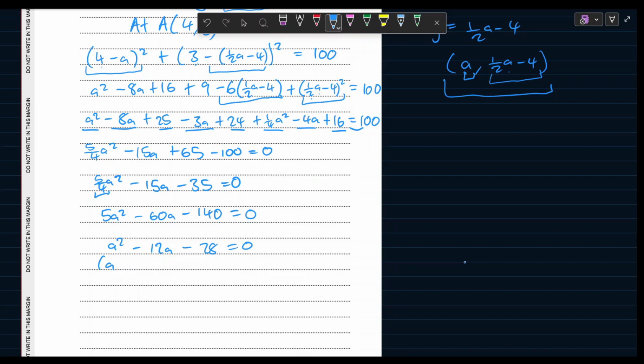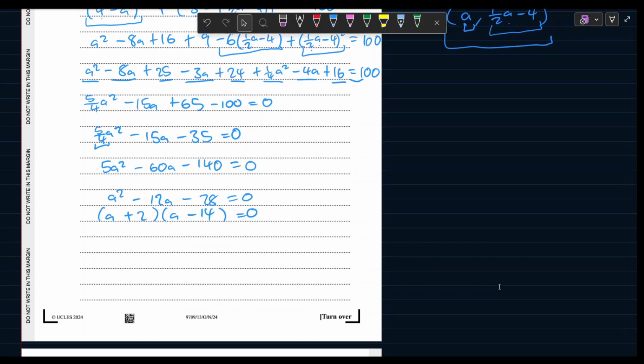And can we factorize this? Yes, we can. 14 and 2, specifically negative 14 plus 2 gives us negative 12, and then 2 times negative 14 gives us negative 28. Okay, that's fine. So we get that either a is equal to negative 2 from this bracket, or that a is equal to 14.